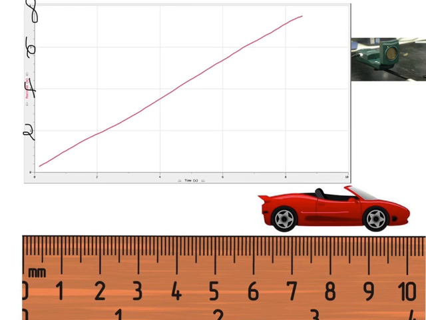What this graph would tell me is that at 2 seconds you were just a little short of being 2 meters away from the start. At 4 seconds you were maybe 3.5 meters away. At 6 seconds you were maybe just a little over 5 meters away. And finally you arrived after 8 seconds at about 7 meters away.